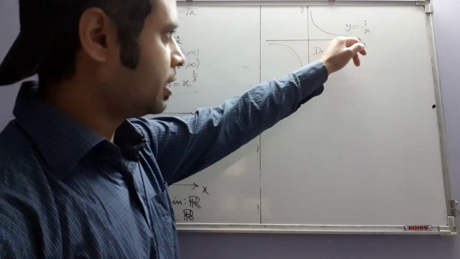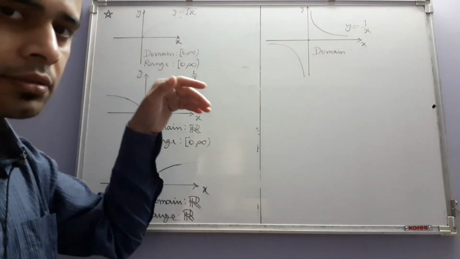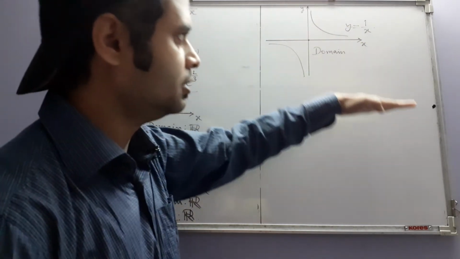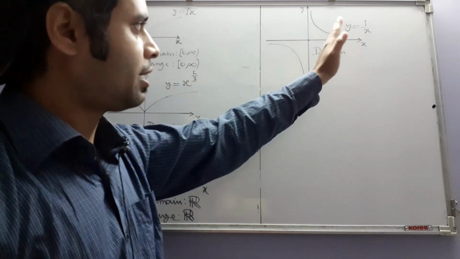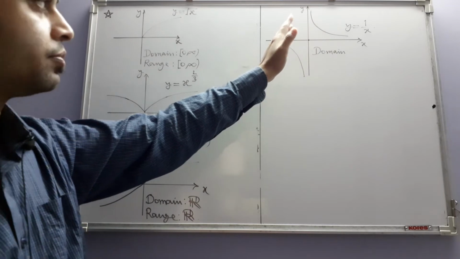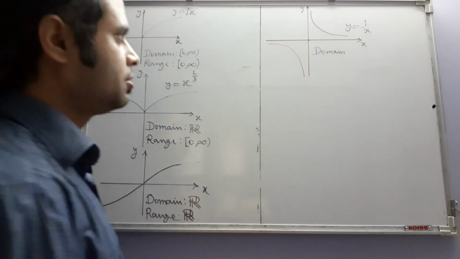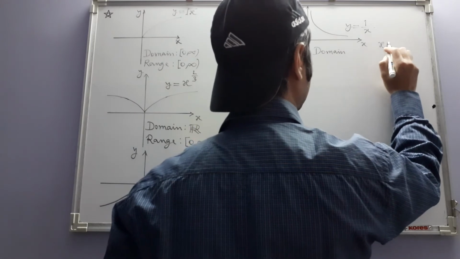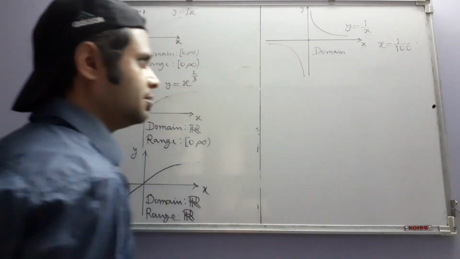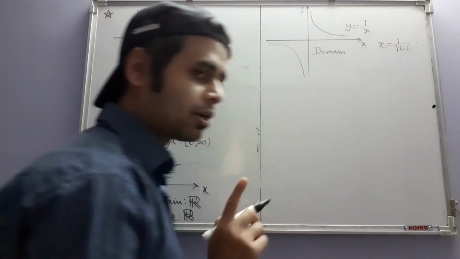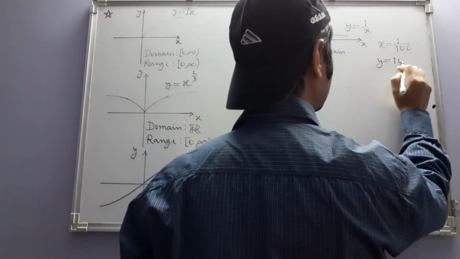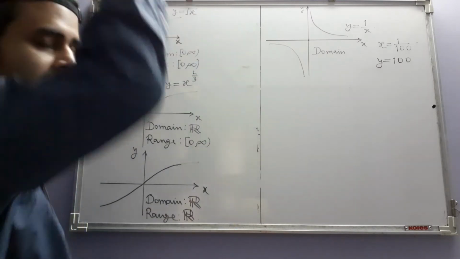If x is greater than 0, then as x increases, y stays positive, but y decreases because it is 1 over x. And as x decreases and becomes closer and closer to 0, y increases. For example, if your x is a very small number like 1 over 100, then y is 100, so y becomes extremely large.